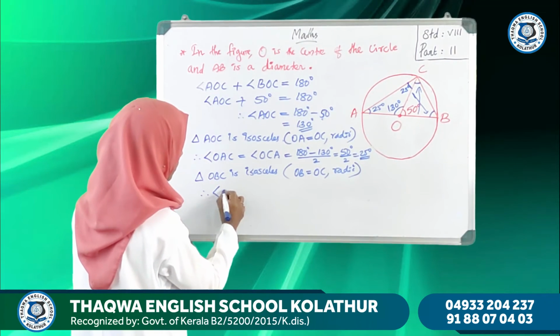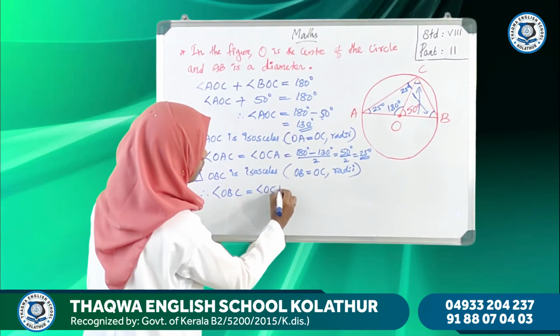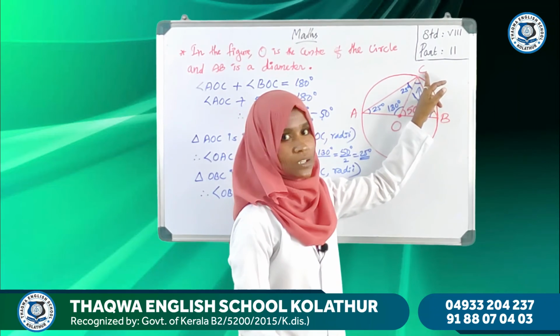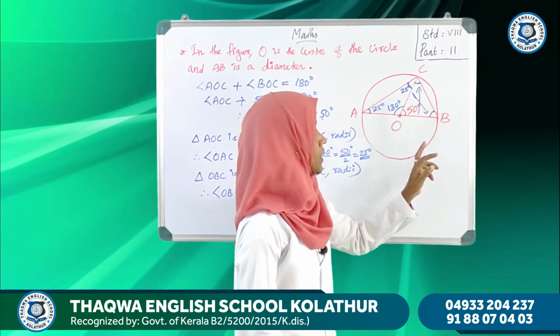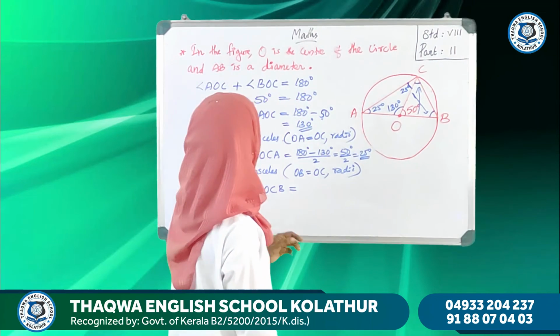Therefore angle OBC equals angle OCB. Angle OBC is opposite to the side OC, and angle OCB is opposite to the side OB.